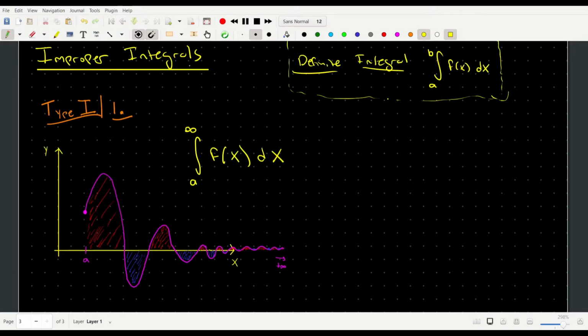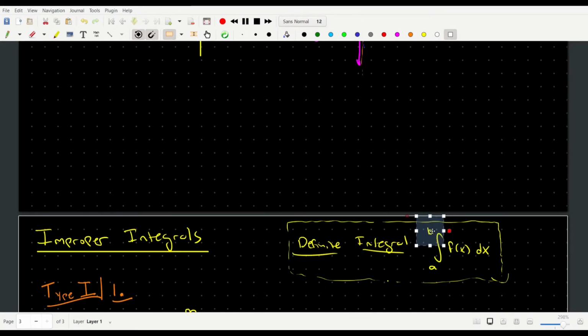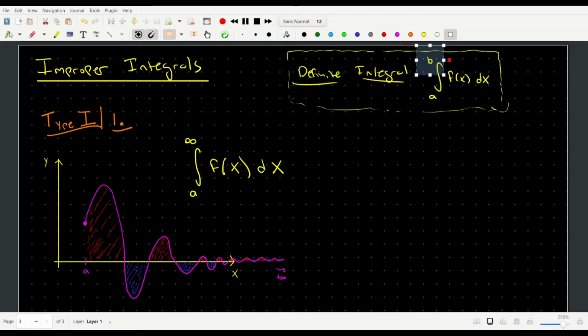We need to use it in the sense of a limit, and this is why we need to use the limit when we're defining the actual computational procedure for the definite integral.